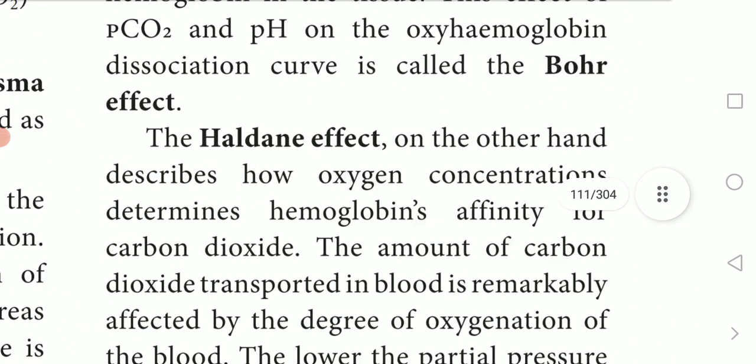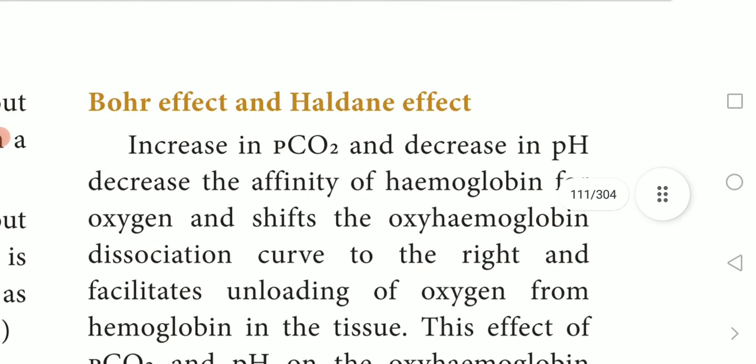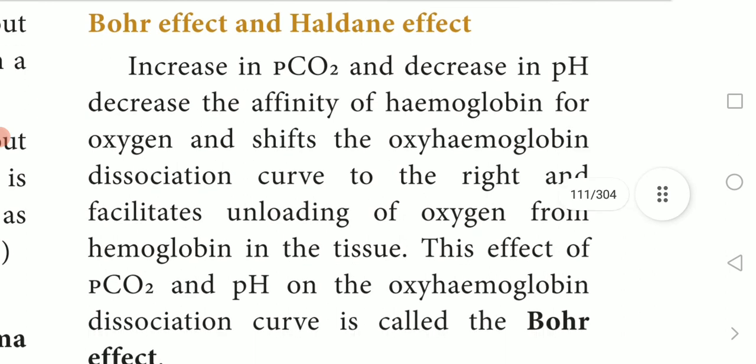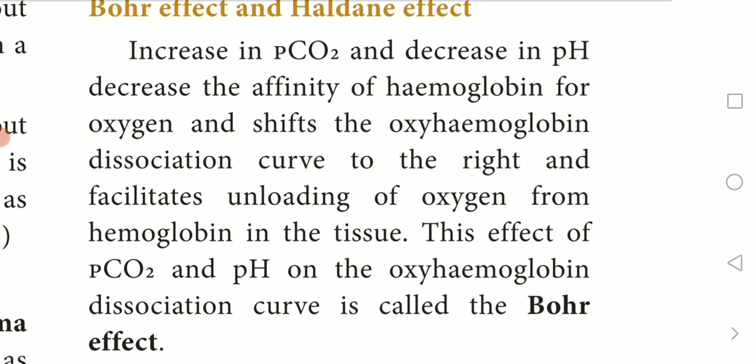And here, we'll see the Bohr effect and Haldane effect. An increase in partial pressure of carbon dioxide, PCO2, causes a decrease in pH, as well as a decrease in the affinity of hemoglobin for oxygen, and shifts the oxyhemoglobin dissociation curve.